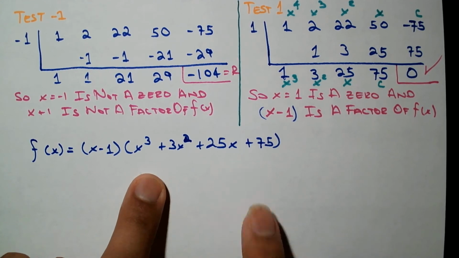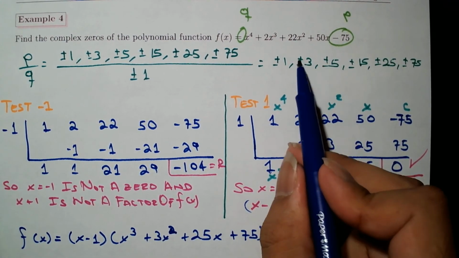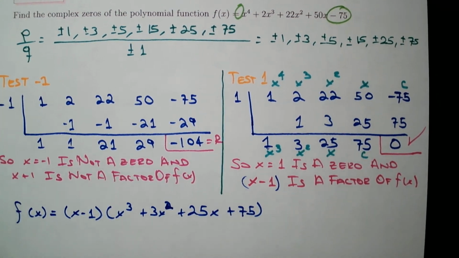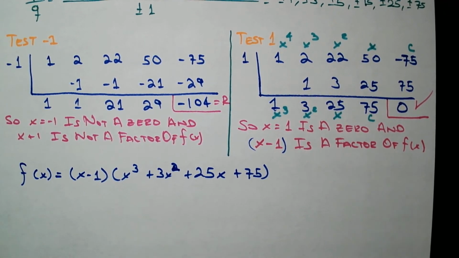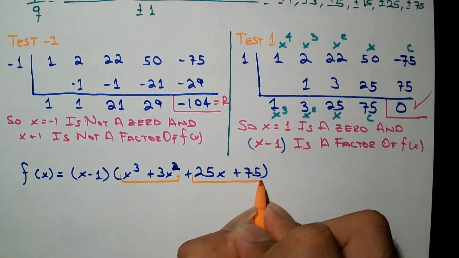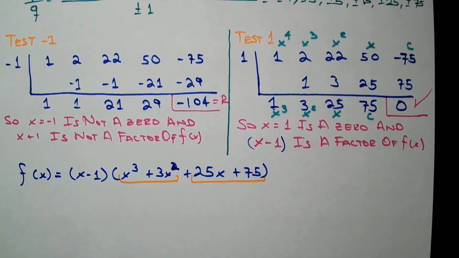All right, so in this case, do you want to keep testing the rest of the zeros? Well, it may not be practical, because if you look at this polynomial, it can be factored by grouping.